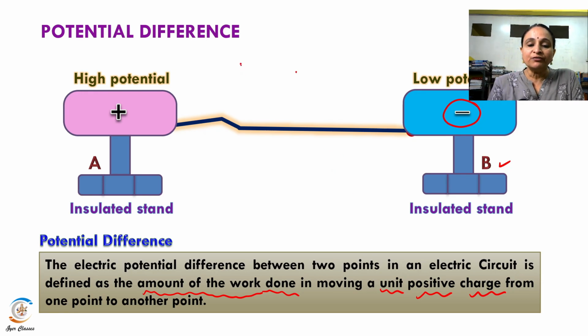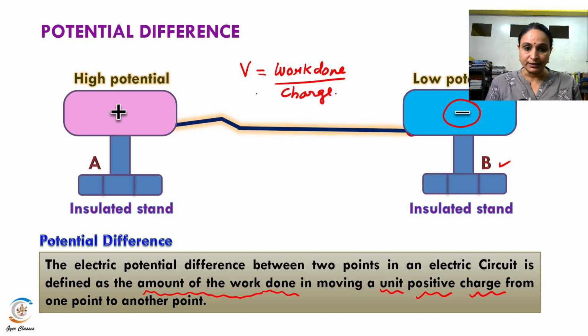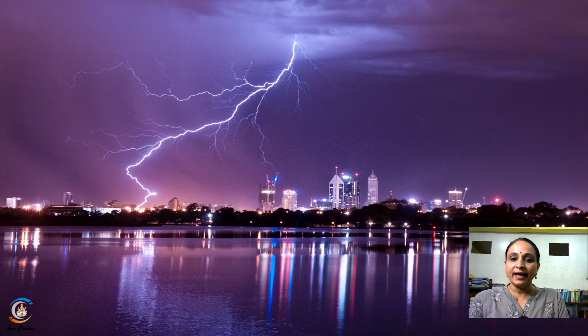So the potential V is equal to the work done by the charge. This is called the potential difference. V is the way I write it, and this is the potential difference. Clear? Okay.